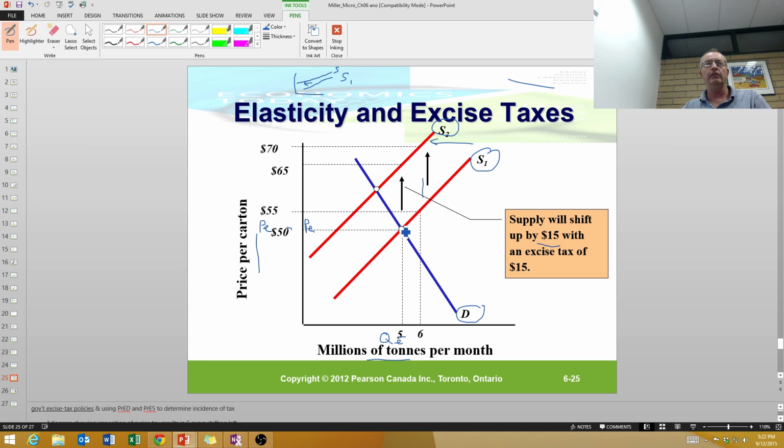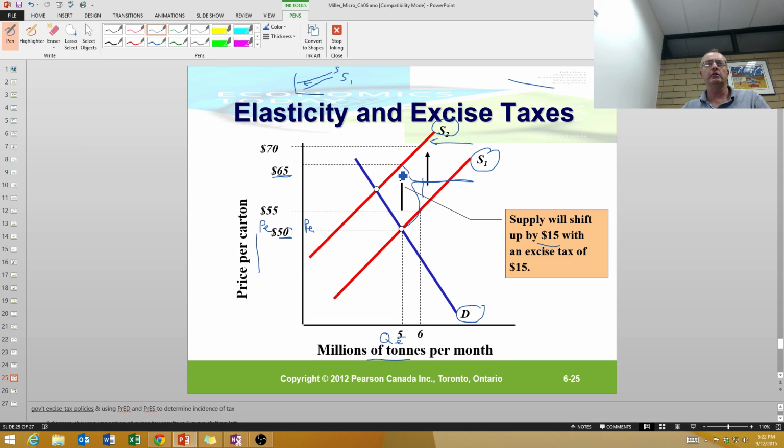The $15 is simply added to the supply curve vertically. So that $15 excise tax is represented here. The original price is $50 per carton. Add $15.